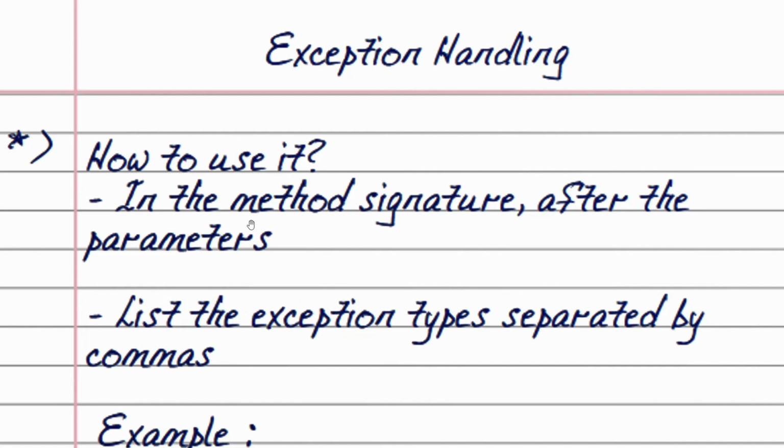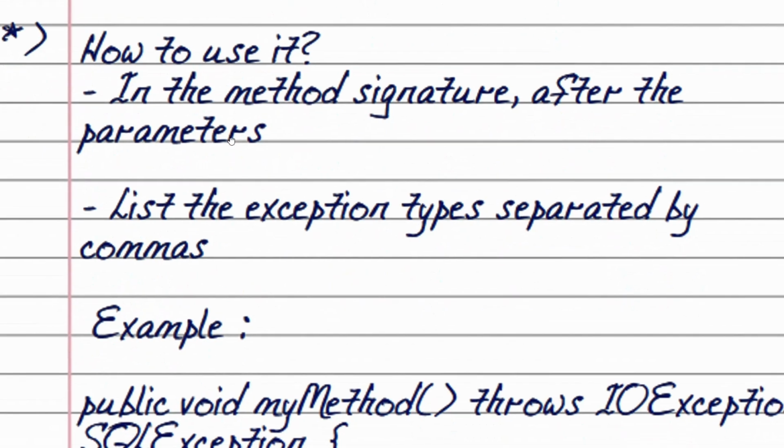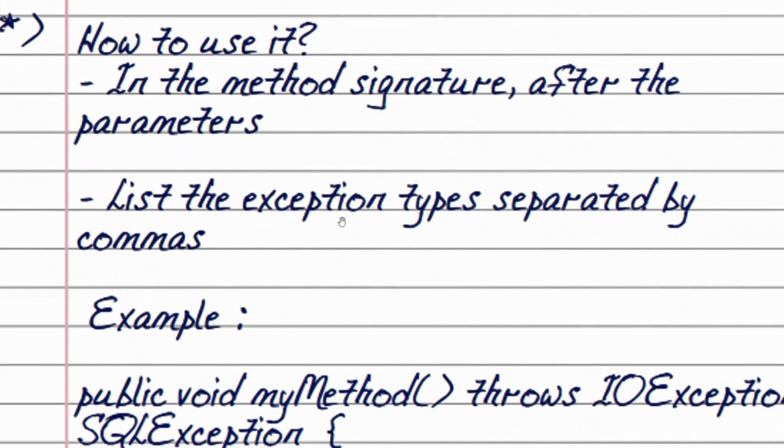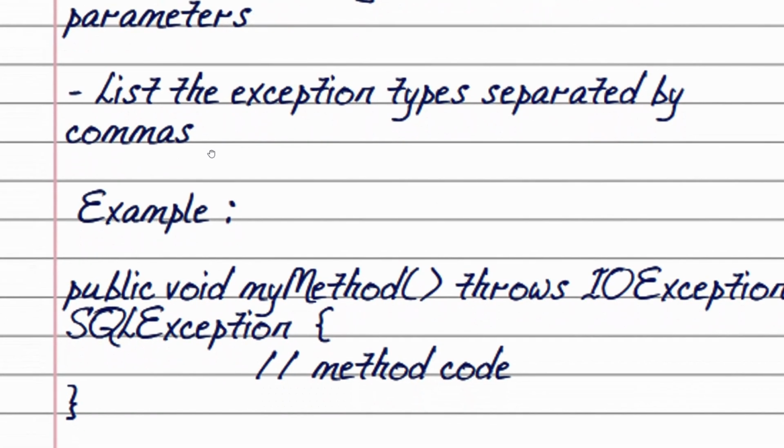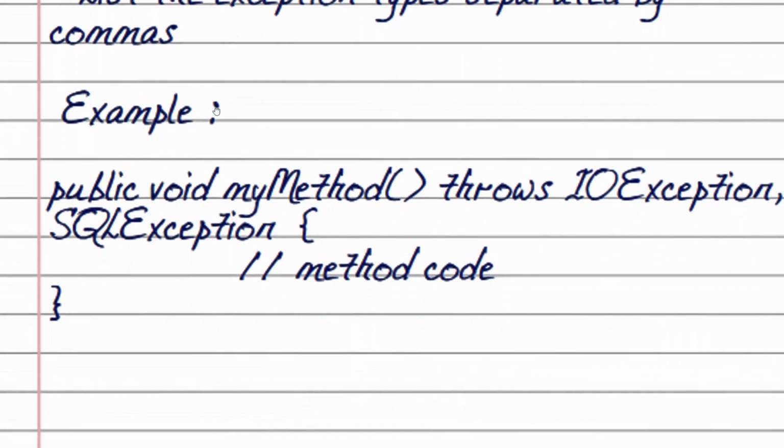So let's see how to use the throws keyword. In the method signature, after the parameters, we write the list of exception types separated by commas. Let's see the example. As you declare the method, public void and the method name, after that we write throws and the type of exception that may occur.